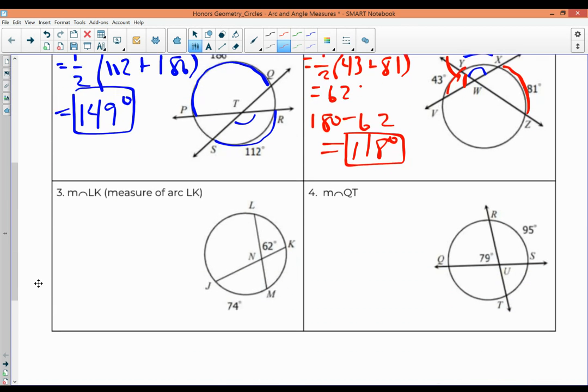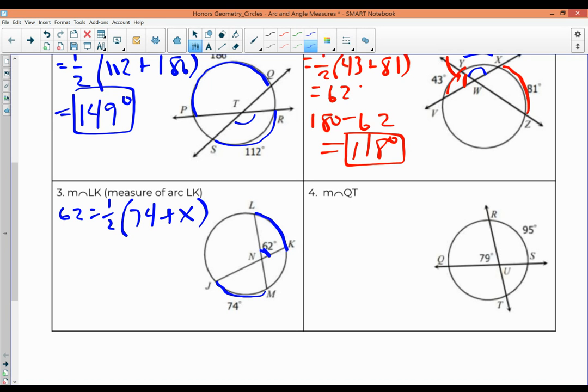All right, now I'm looking for the measure of arc LK. So that's this arc right here. I see that I have that interior angle from the intersection of the two chords, and then I have the other intercepting arc measure. So now I know that 62 is going to be half of the sum of those two arcs. So that'll be 74 and x.